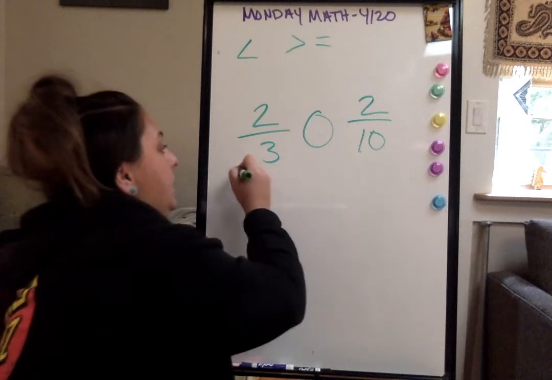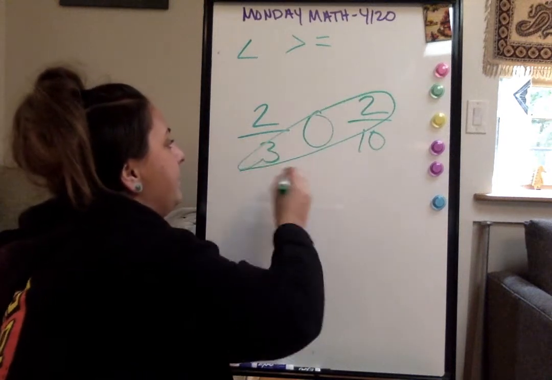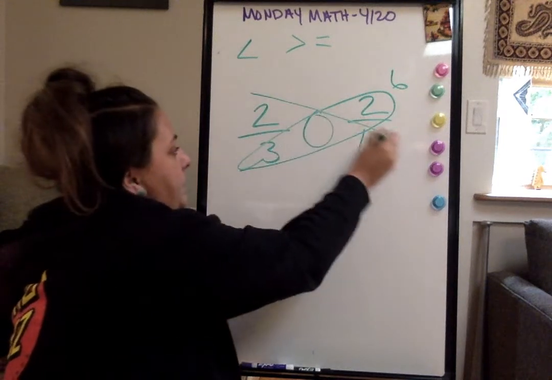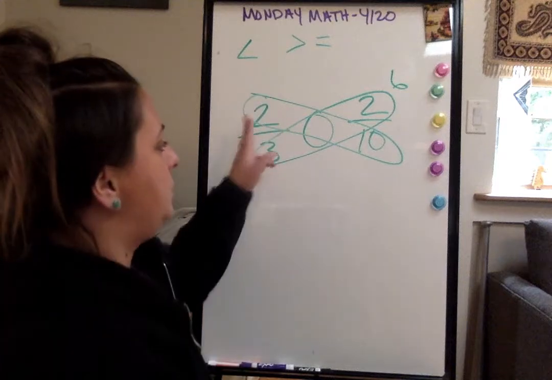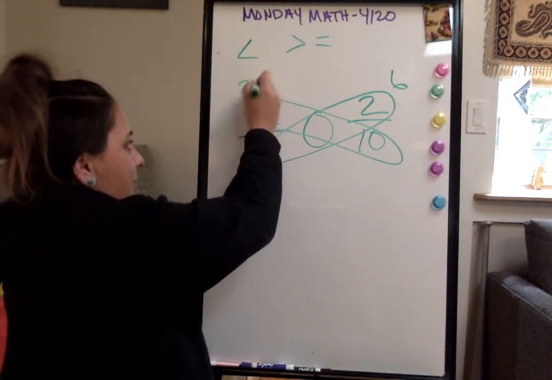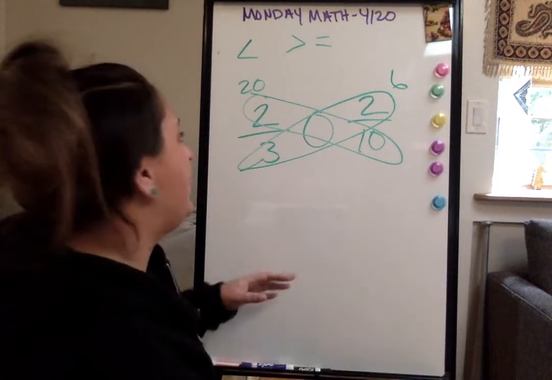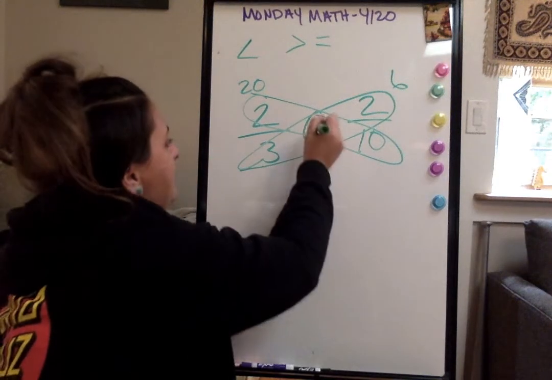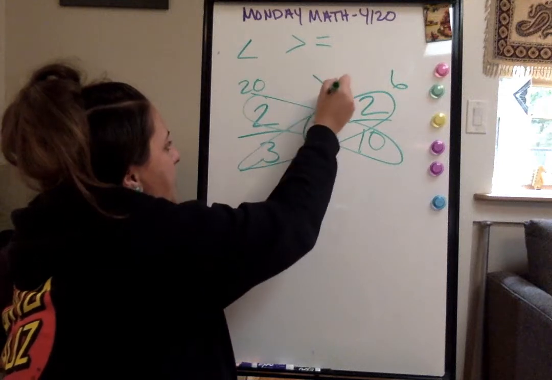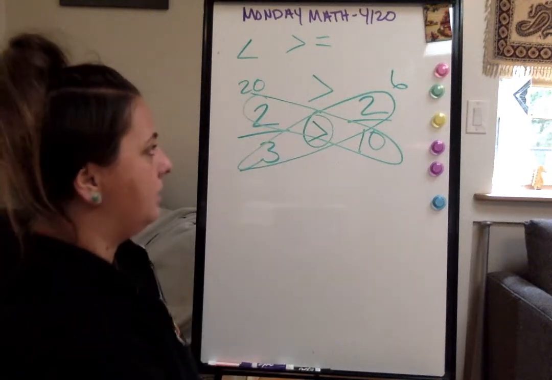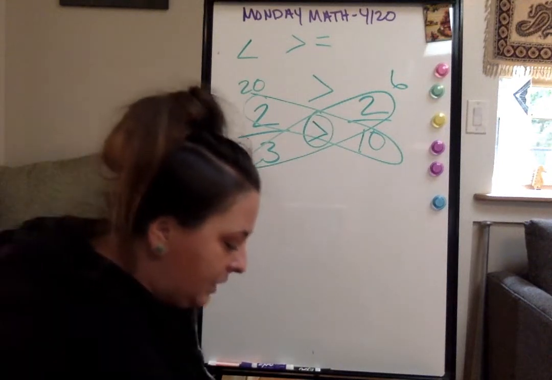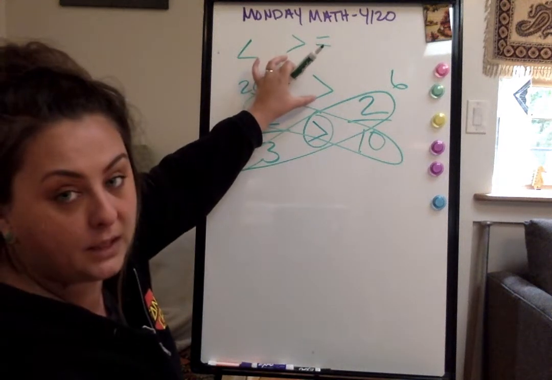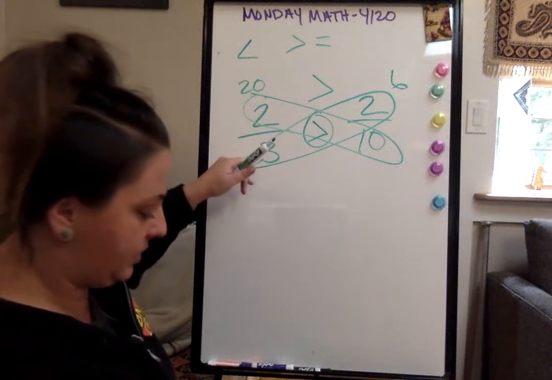And that's where you multiply these, which is 3 times 2 is 6, and you multiply these, 10 times 2 is 20. Which number is bigger? If 20 is bigger than 6, that means that 2/3 is greater than 2/10. Now when you're marking your answer, make sure you've got that big mouthpiece facing the 2/3.